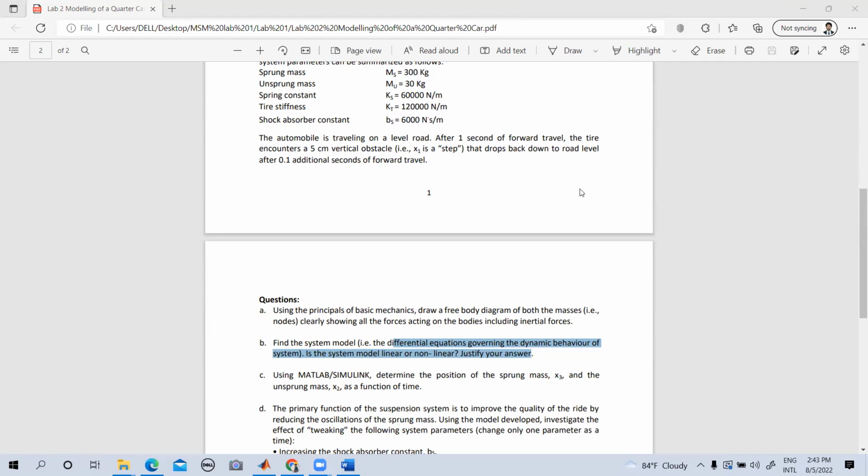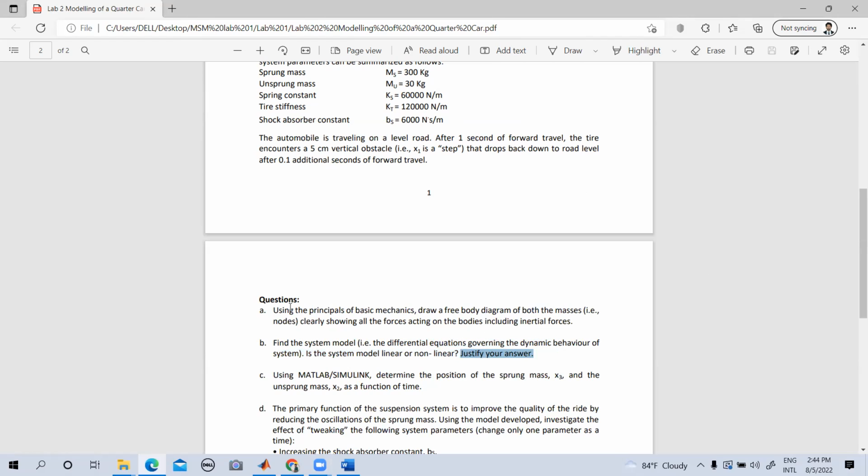Yeah, why is it linear? We are actually seeing a translational motion here, but you have to justify. I'm not going to explain this. You have to go through the lecture and write a brief, small reason why, but it has to be correct.